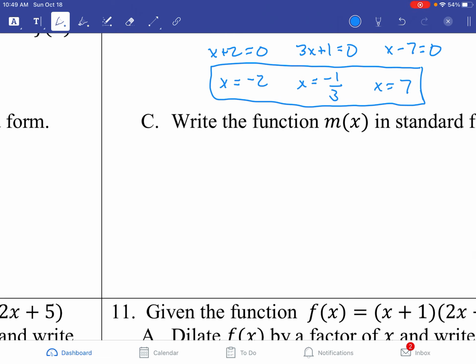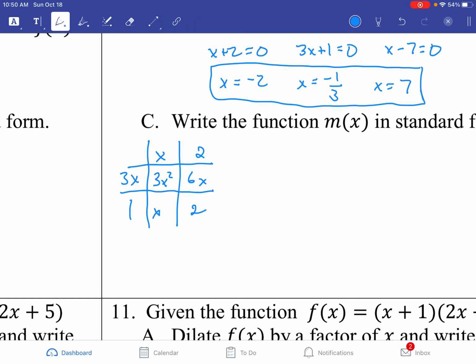So we're going to put 2 of the functions together, x plus 2, and we're going to have 3x and 1. What we're going to do is multiply the numbers that correspond to the boxes. So x times 3x is 3x squared. 3x times 2 is 6x. x times 1 is x.